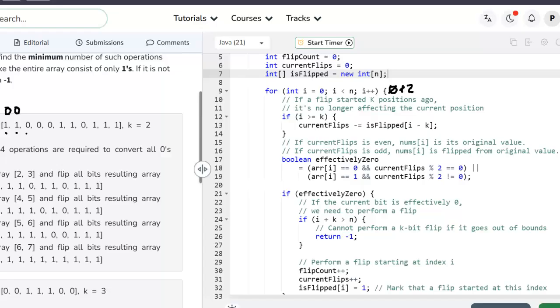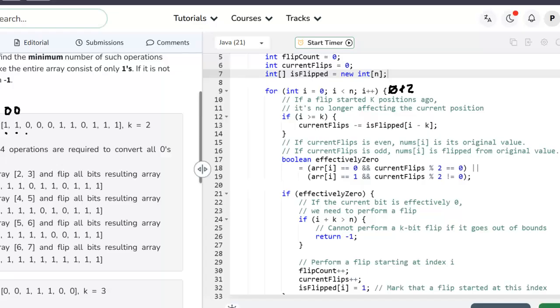All right, I is greater than or equal to k. 2, yes, now it is. All right. Current flips is flipped at 2 minus 2, 0. Okay, it's 0. Current flips is 0. All right. Effectively 0. That is a 0.